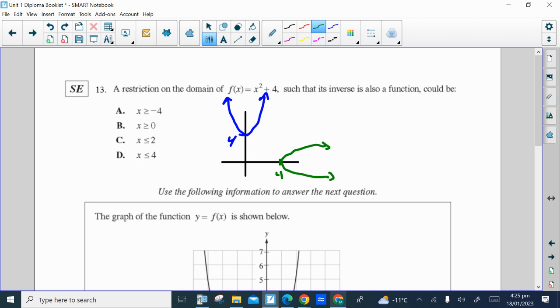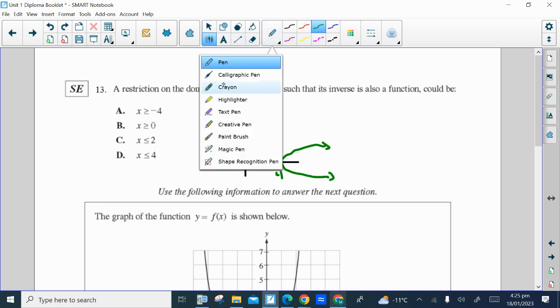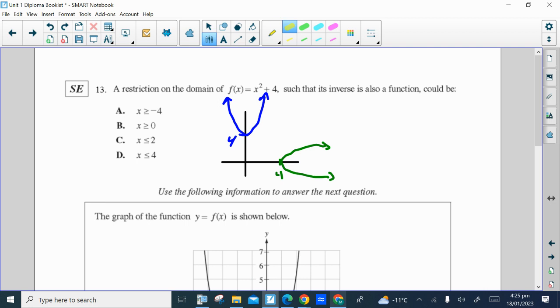So what restriction could we put on the domain of f so that the inverse is always a function? So if we only had, let's say, the left side of the original graph, that would correspond to the bottom only of the inverse.